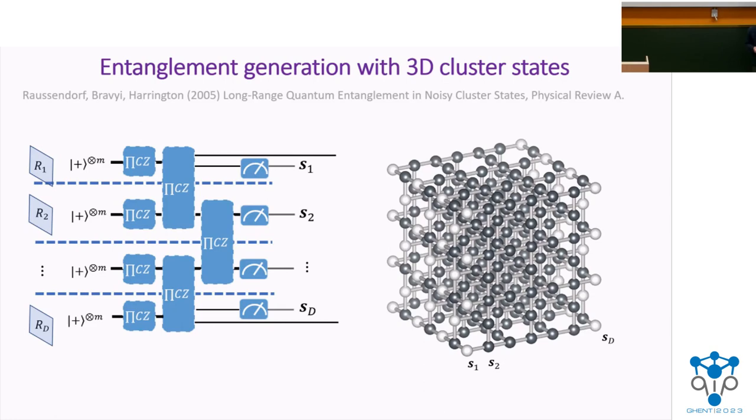What they did is they prepared this cubic 3D cluster state, and they analyzed what happens if we measure out all the black qubits here. I denoted the classical results by S1 to SD.